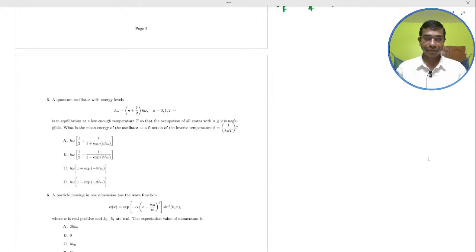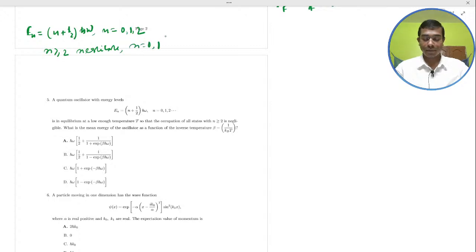So now, given that E_n is n plus half h cross omega, here n equals 0, 1, 2. Occupation for n greater than or equal to 2 is negligible. Negligible means occupation occurs only at 0 and 1.